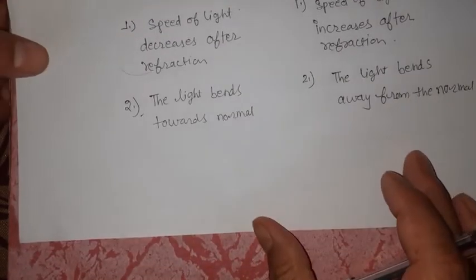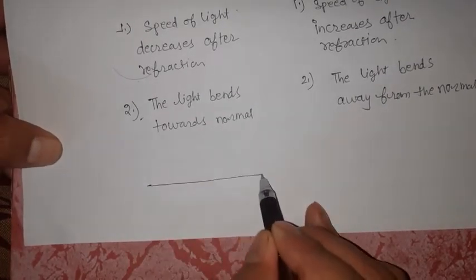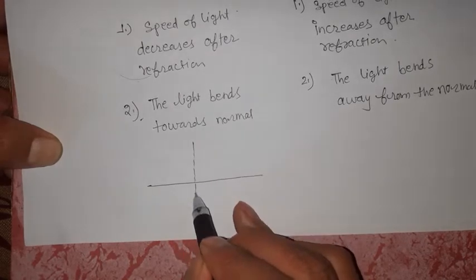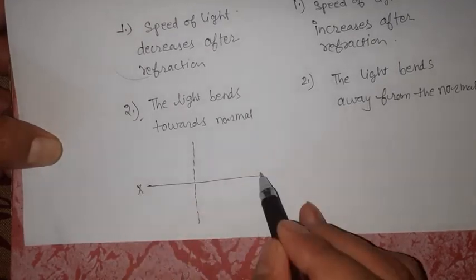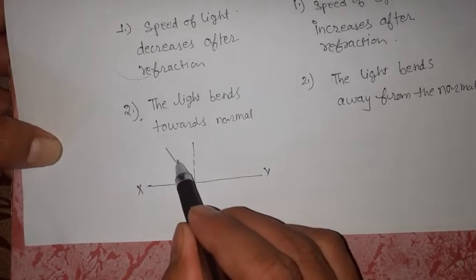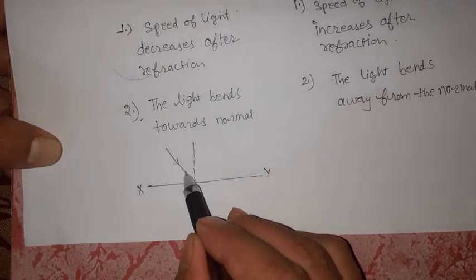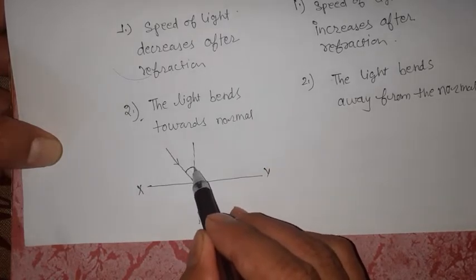So let us check it with the help of the diagram. Here this is the interface XY, and here is the normal drawn by us. This ray is going to fall here, and we call it the incident ray. It falls at an angle with the normal.